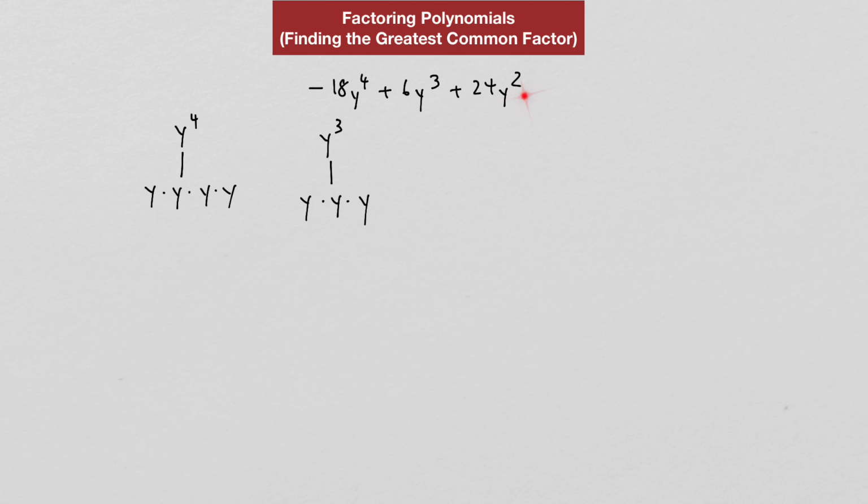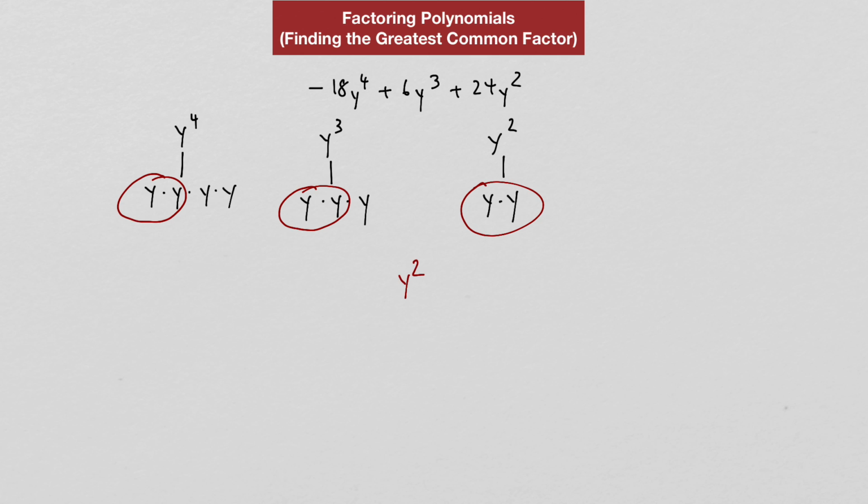And then the last is y squared, and y squared breaks down into y times y. Now what we see is that there are two y's over here, we also have two y's over here, and we have two y's over here. Okay, so then the greatest common factor for the variables is y squared.